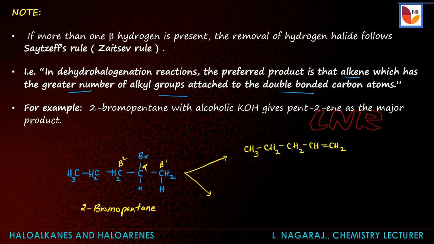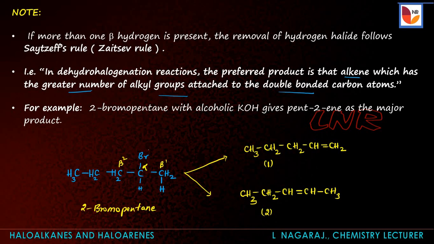In that case, the obtained product is CH3, CH double bond CH, CH2, CH3. The first product is obtained by the elimination of the first beta hydrogen along with the halogen, and the second product by the elimination of the second beta hydrogen along with the halogen.